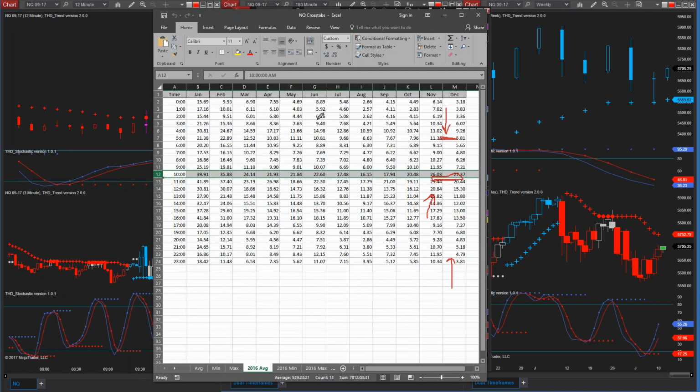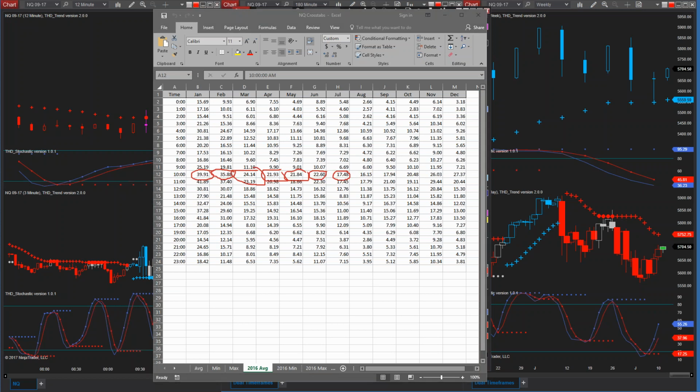Okay, let's say that we generally will go out 3 to 4 strikes, okay? And typically that might work because from 9 to 10 a.m. it moves about 40 points, 35 points, 24 points, 21, 21, almost 22, 22 and a half, and then in July it goes down to 17.